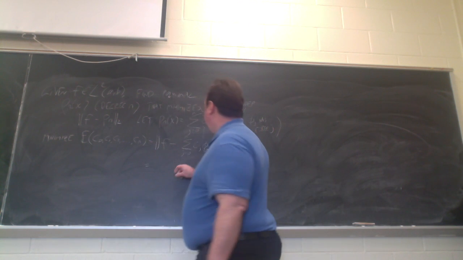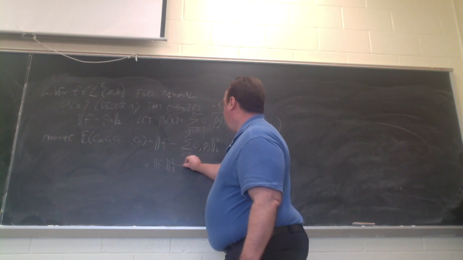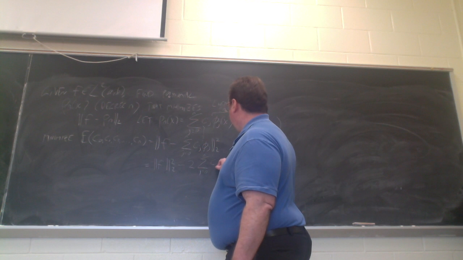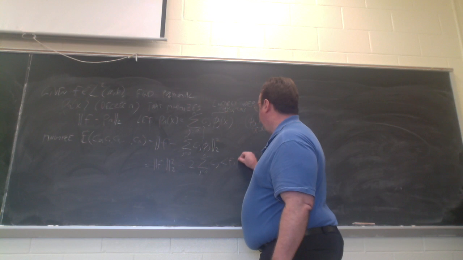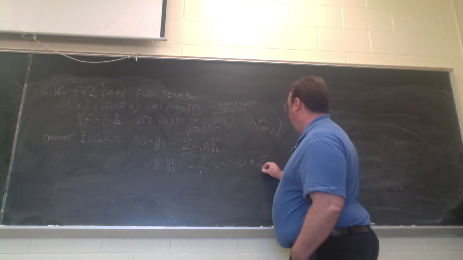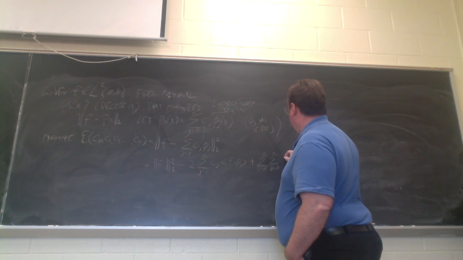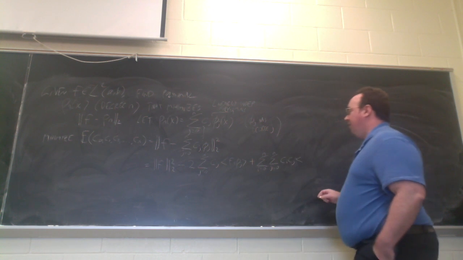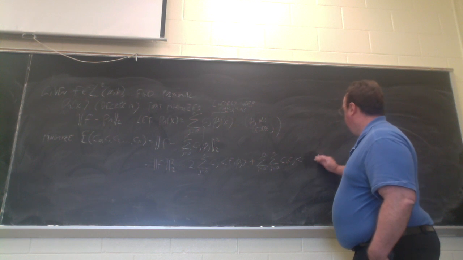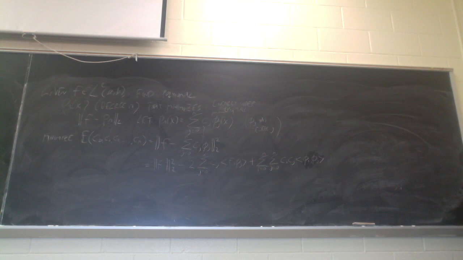So if I write this in terms of inner products, using the same kind of expansion as before, I'll get the 2 norm of f squared, minus 2 times the sum of Cj inner product of f with phi j, plus a double sum, i equals 0 to n, j equals 0 to n, Ci Cj, inner product of phi i with phi j.